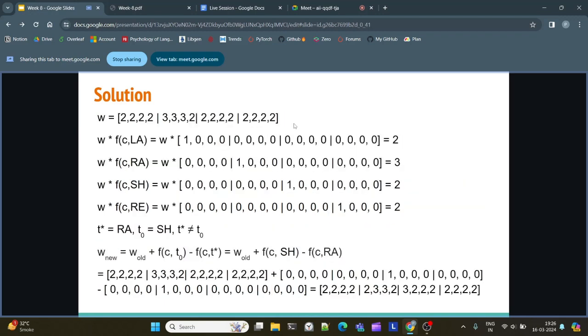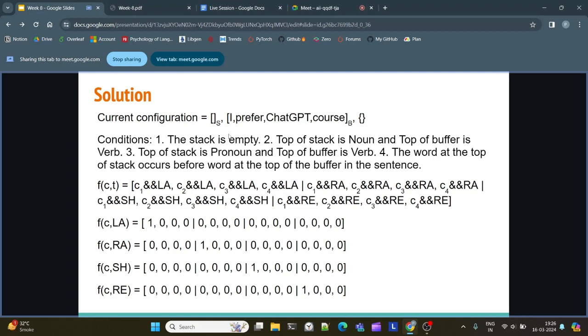For example, in this one, C1 was true if the stack is empty, irrespective of whatever transition I'm taking, right? The stack is currently empty. Yes. So whatever transition it appears with, C1 and LA is one, C1 and RA is one, C1 and SH is one, and C1 and RE is one, because the condition itself was true in this particular configuration.